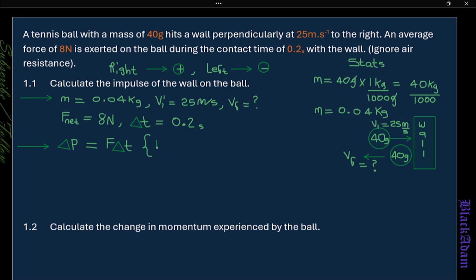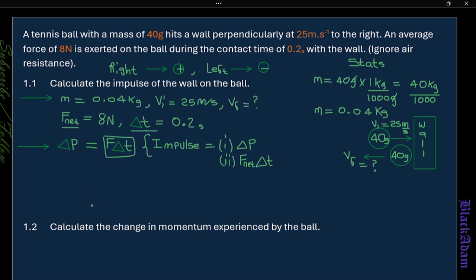So force times time is the meaning of impulse. Impulse has two equations: the first is change in momentum, and the other is force multiplied by change in time, the contact time.